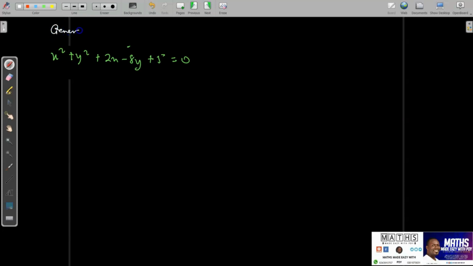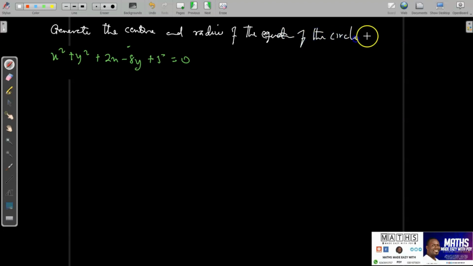Generate the center and radius of the equation of the circle below.